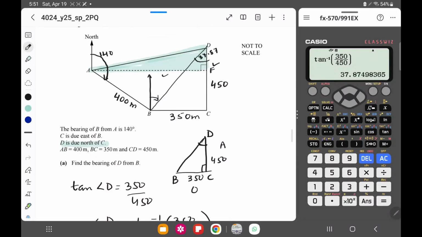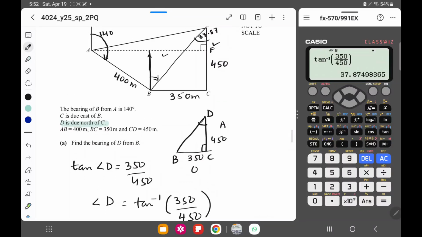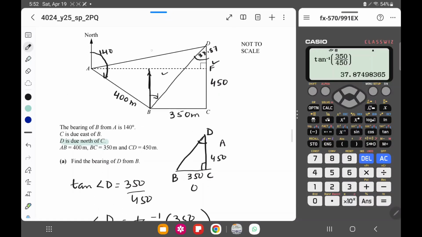Okay, now in this question, calculate what is DF. To find DF, we are just looking in this triangle. Okay, so I'm making the other one, this triangle. For example, I can mark as E. If I know BE, that is equal to CF.